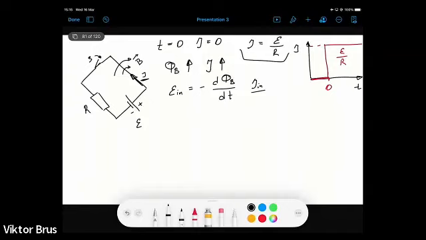This will cause some delay in the growth of electric current in this circuit, and it will increase not instantaneously, but it will actually take some time to reach this steady state condition, when electric current is equal to the electromotive force of the battery divided by the resistance of the electric circuit.